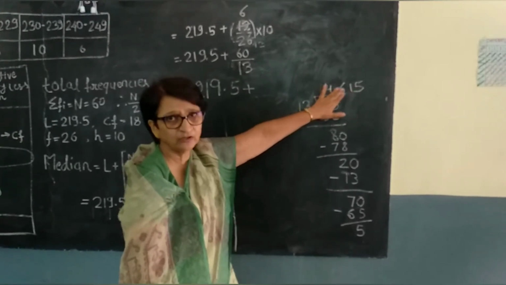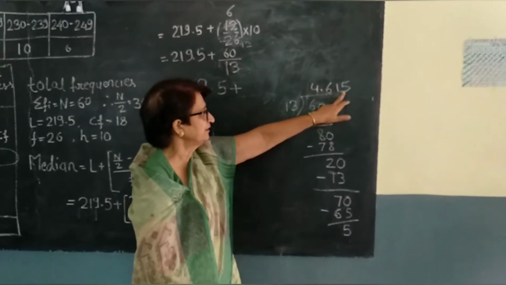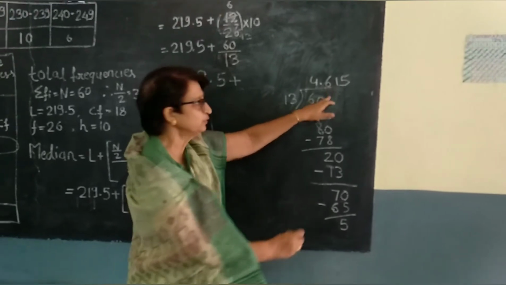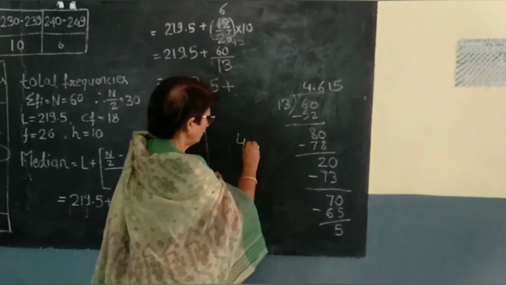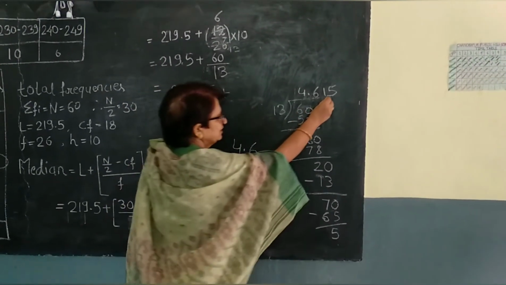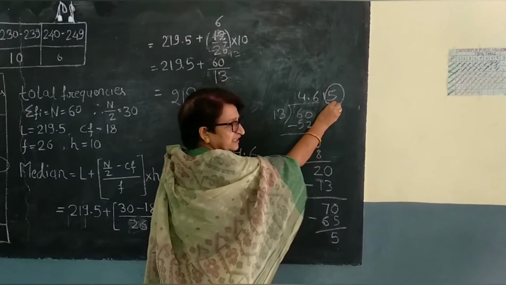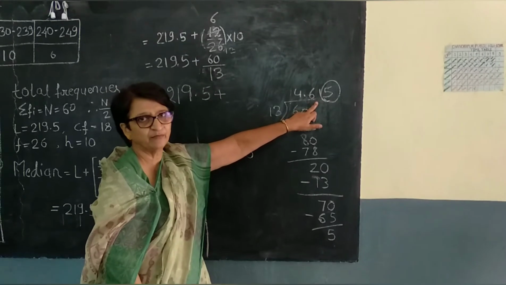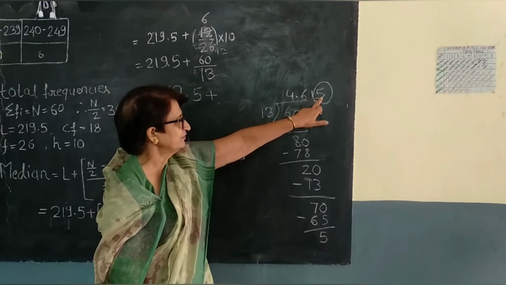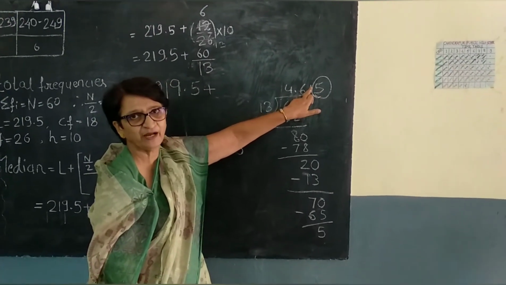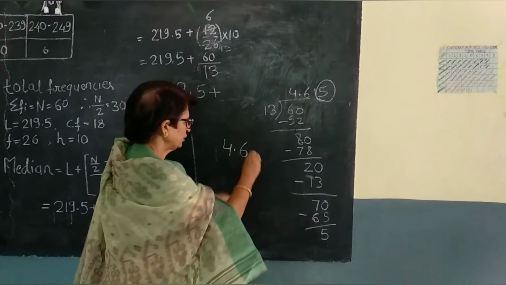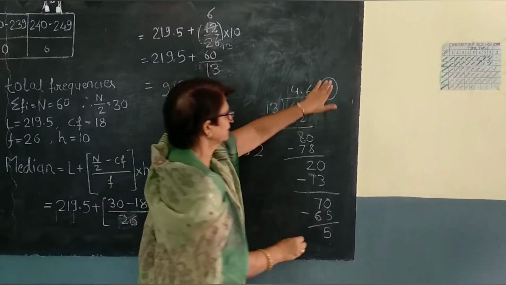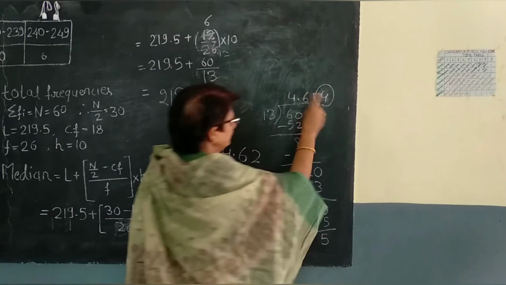You have been taught already in junior classes that if we have to convert it into 2 decimals, then what we have to do? 4.6. We have to see the third number. If it is greater than or equal to 5, then we have to increase the previous number. It means that this is 5, so this 1 will be increased. We have to add 1. How much will it become? 2. If out here it was 4, then we won't have to change.